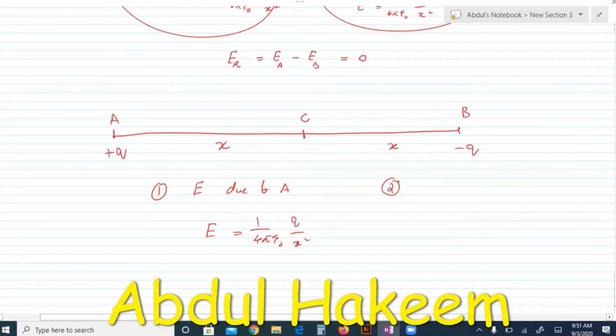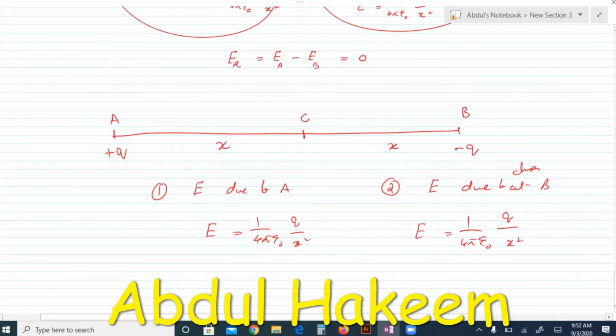And number 2, electric field strength at C due to charge at B. So E is equal to 1 over 4 pi epsilon naught, magnitude Q divided by x square.